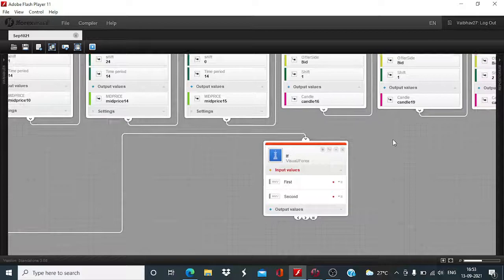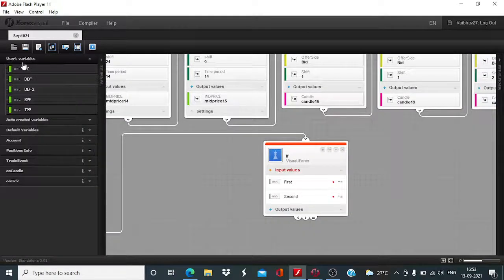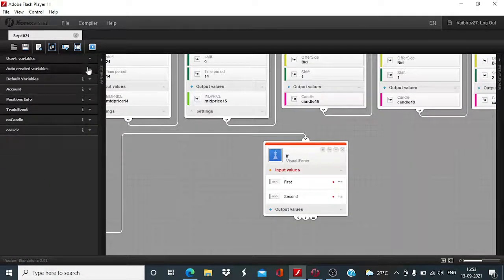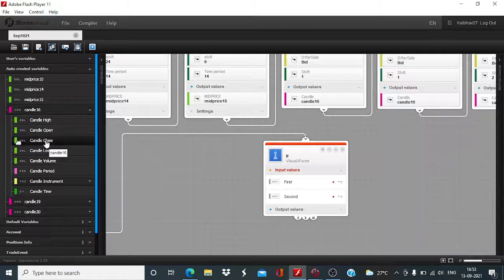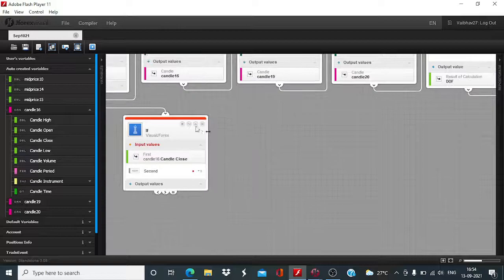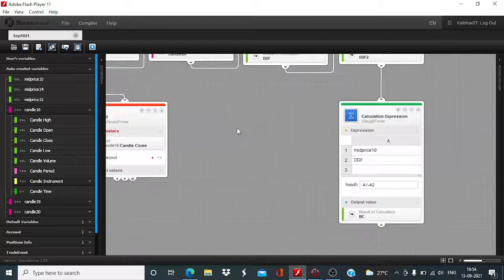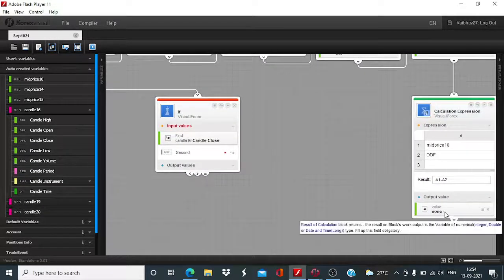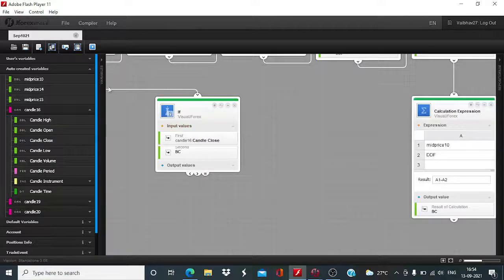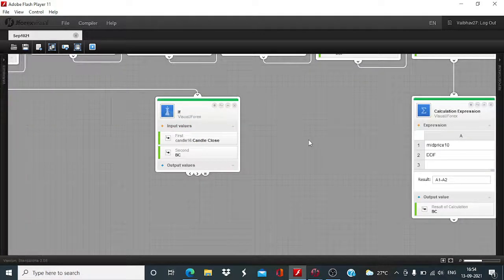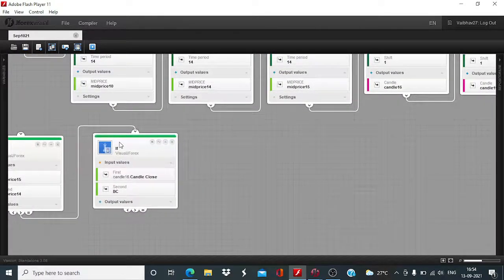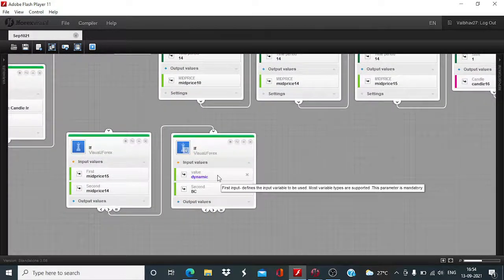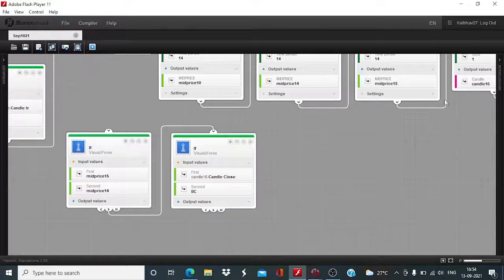So I take candle 16 candle close, and compare it to BC, and here it should be lower. Candle 16 candle close should be less than BC.